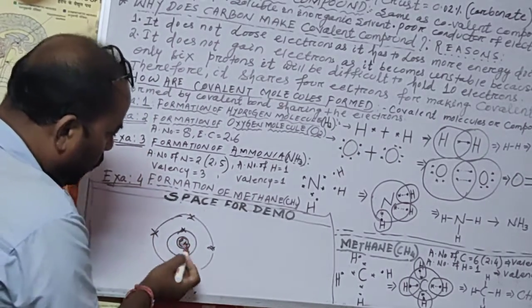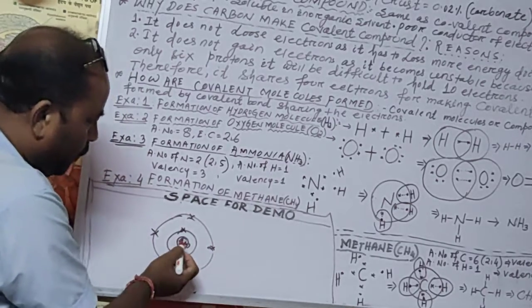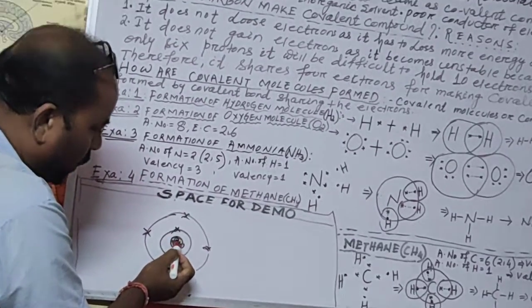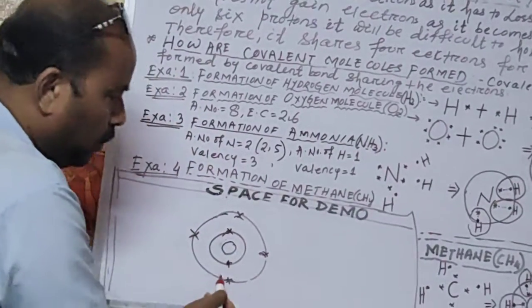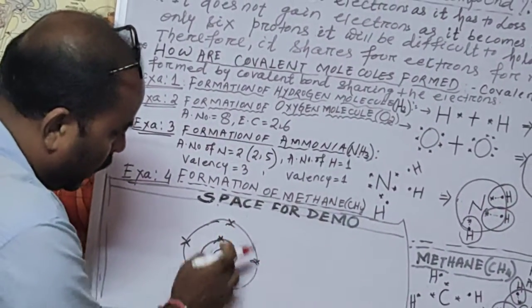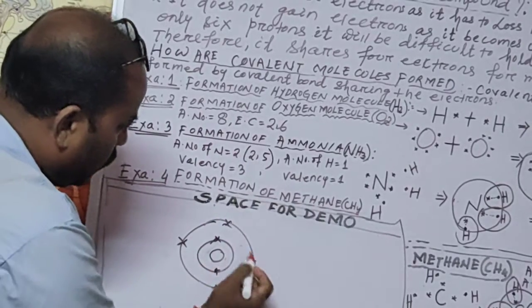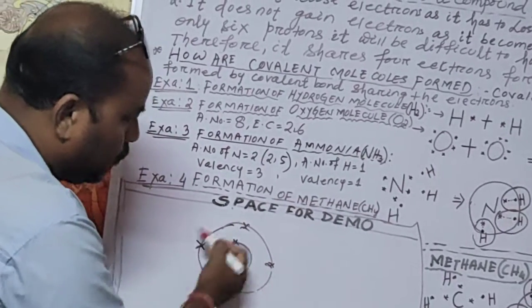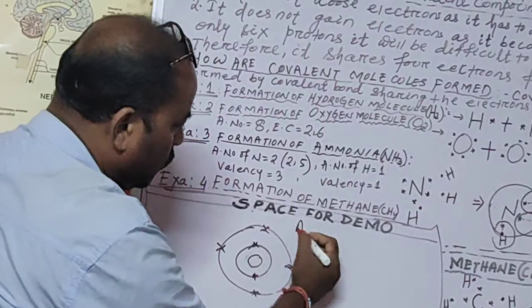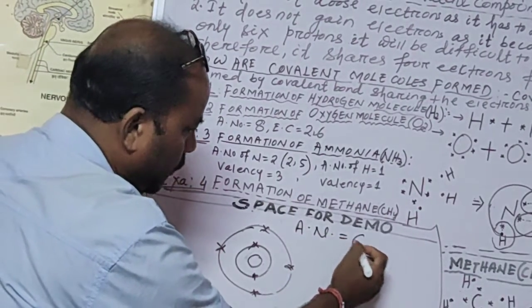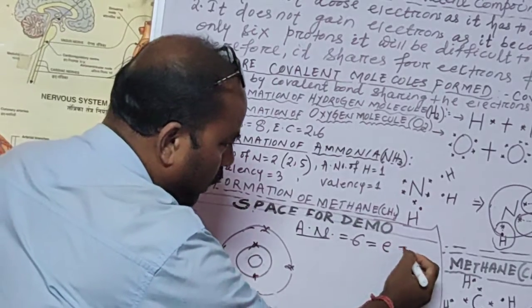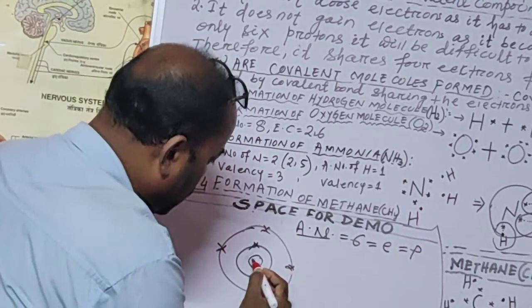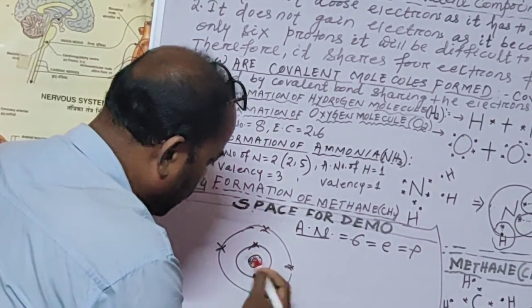How many electrons are there in the carbon? That number of protons is present inside the nucleus. So 1, 2, 3, 4, 5, 6. 6 electrons are there. That's why its atomic number is equal to 6. The atomic number is the number of electrons, that is, the number of protons. So 6 protons will be there inside the nucleus.